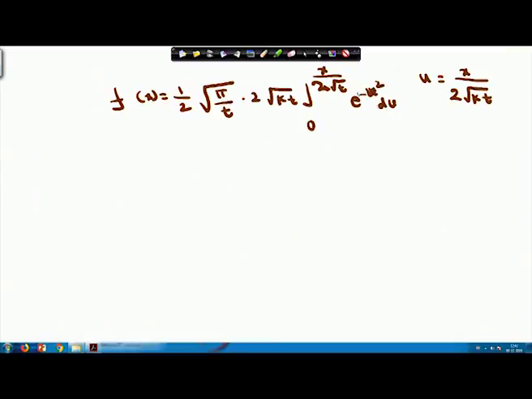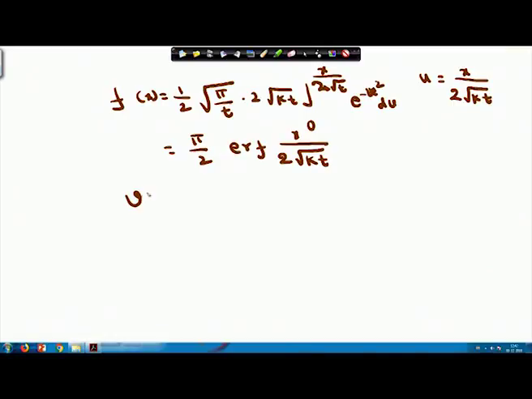Please note this one. This value is known to us, and this equals pi by 2 into error function of x by twice root k t. This we have done again earlier. This integral is nothing but ERF of x by 2 root k t.